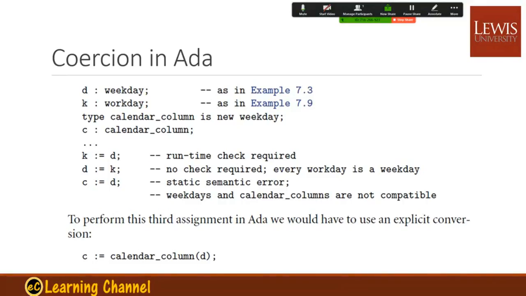And K back to D, there's no checking needed. D to C, where C is a calendar column, is not a workday or integer, so there's a static semantic error. The two data types are not actually compatible.